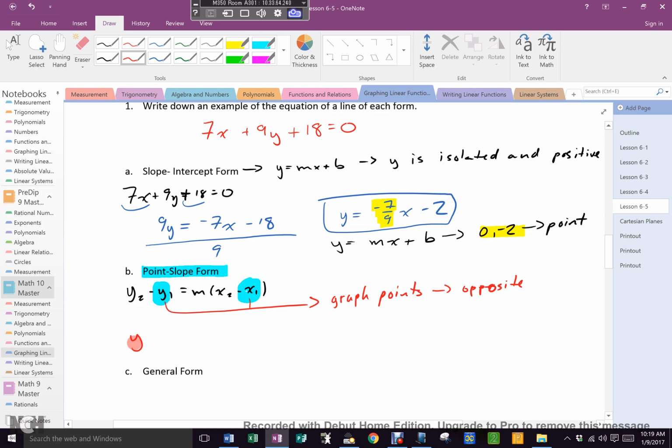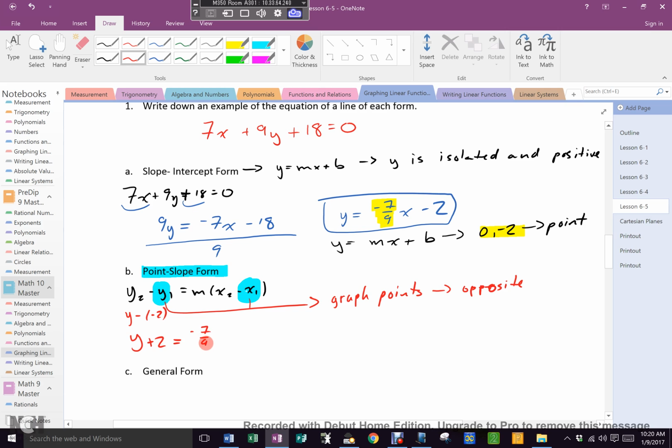So, what's my y point that I know? Negative 2. So this would be y minus minus 2, wouldn't it? Do we write that in math class? What do we write? Y plus 2 equals, what's my m?